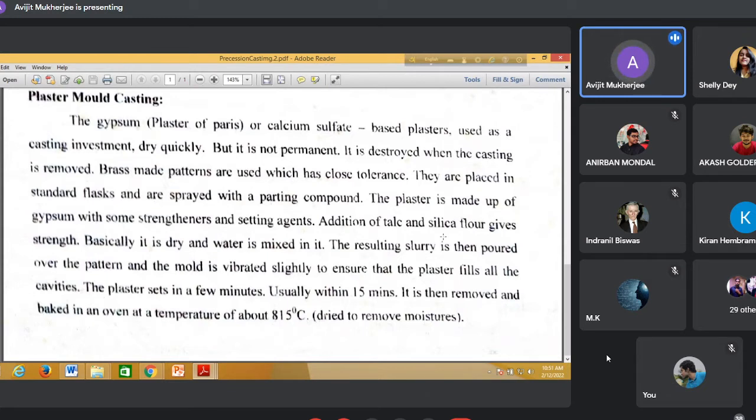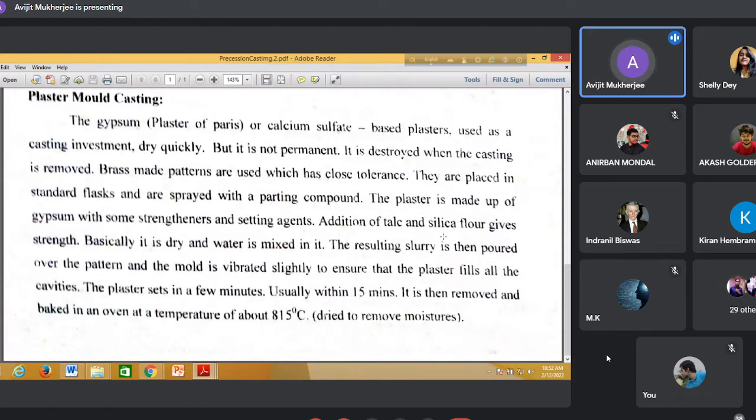Vibration is not always needed, only where there are sharp corners. For sharp corners, intricate shapes and undercuts, the fluidity must be increased. In that case, your quantity of water is to be increased. So it depends on the type of the geometry, the type of the job required.